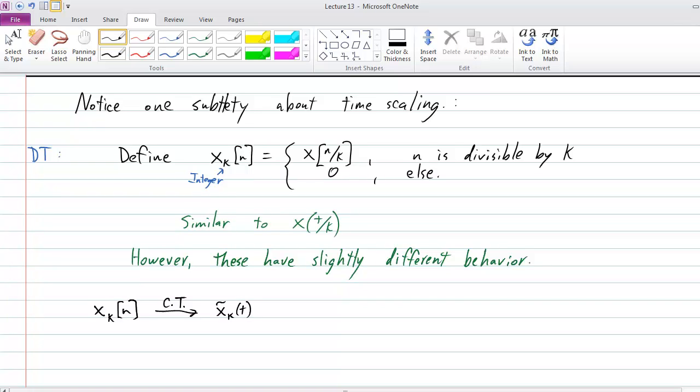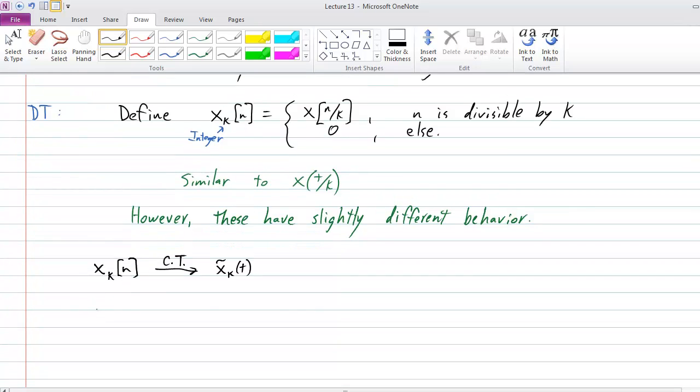Let's compare that to what would happen if we took x tilde of t over k.